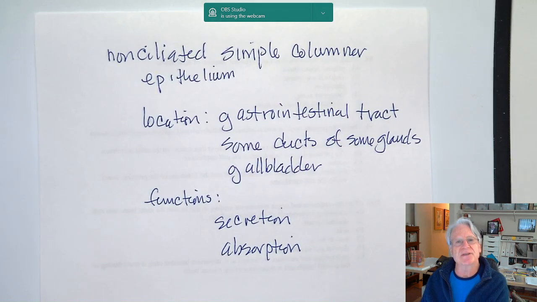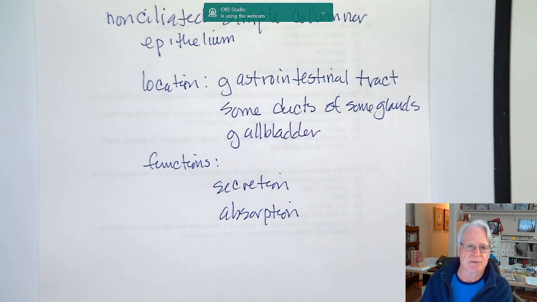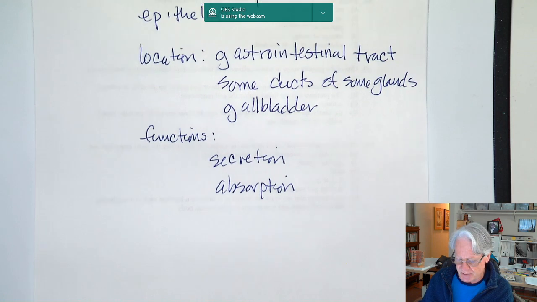Now, one of the great advantages of simple columnar epithelium, or columnar epithelial cells, I should say, as compared to simple cuboidal epithelial cells, is that you have much more room for the manufacturing of substances.